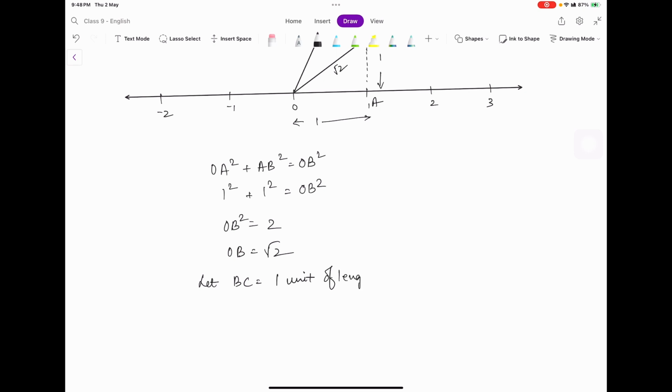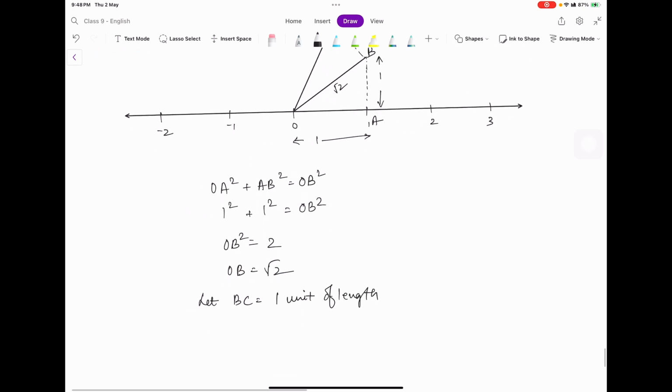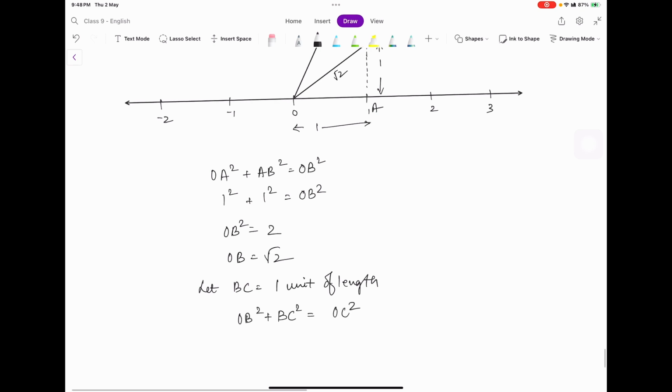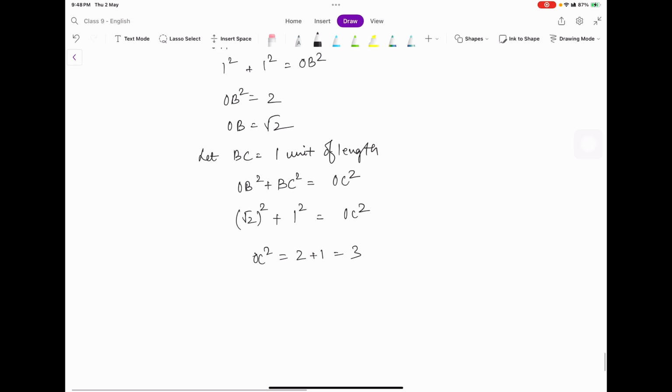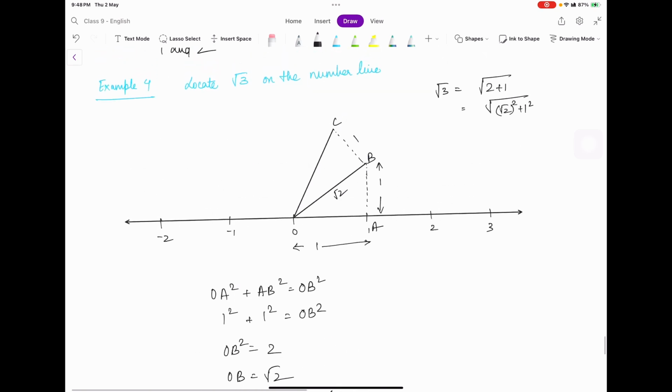Again by Pythagoras theorem, OB square plus BC square equals OC square. OB is root 2 square plus BC is 1 unit, so OC square equals 2 plus 1 equals 3. So OC equals root 3. You got OC equals root 3 by calculation.